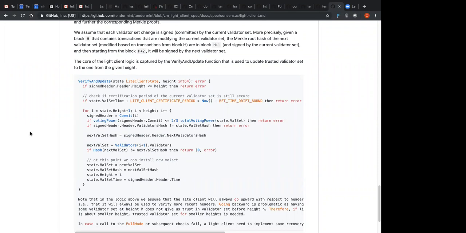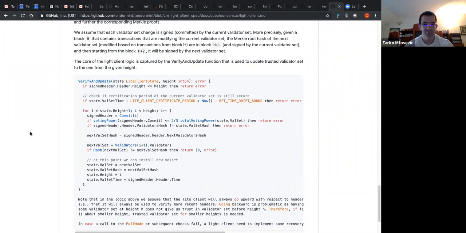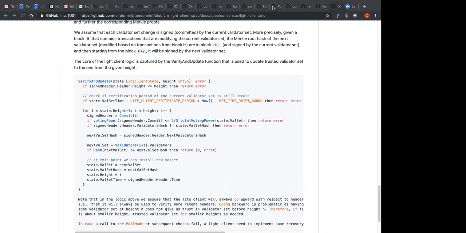And there's no way to prevent this because you cannot detect whether there's a fork. Right? Is it acceptable? No. Of course, this is the problem, right?